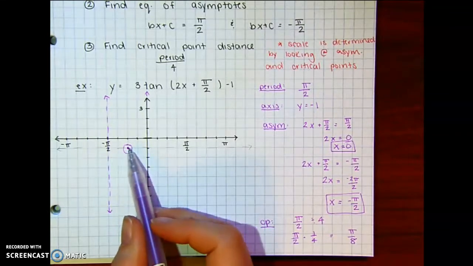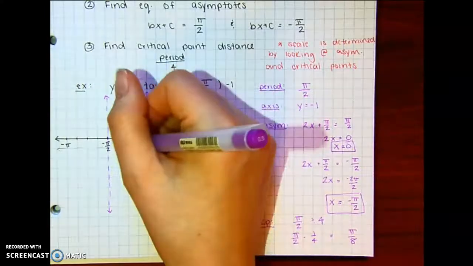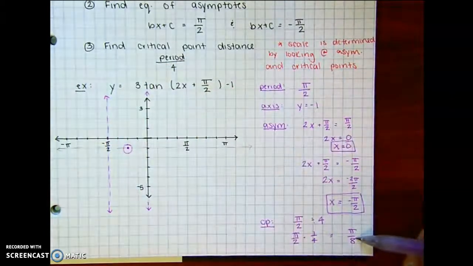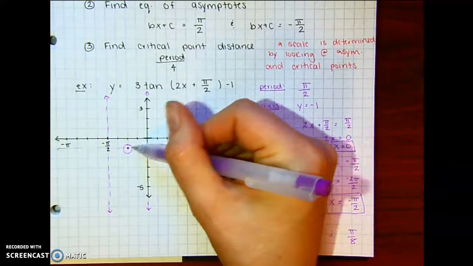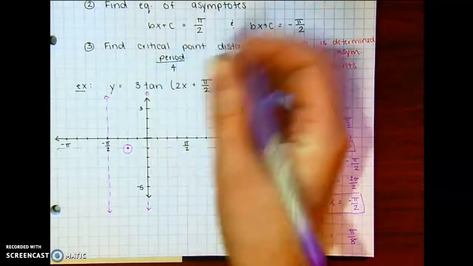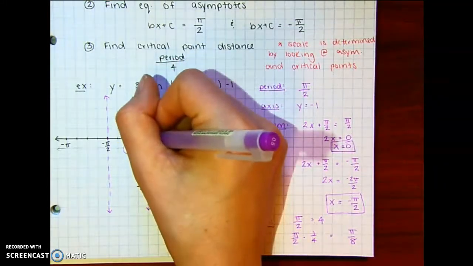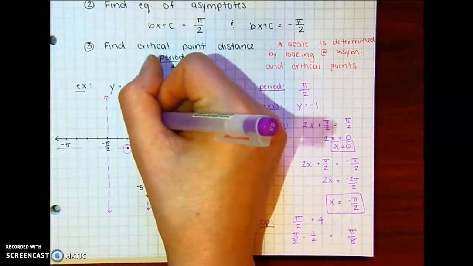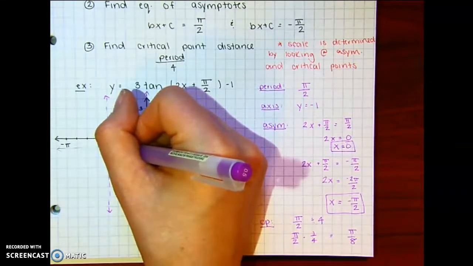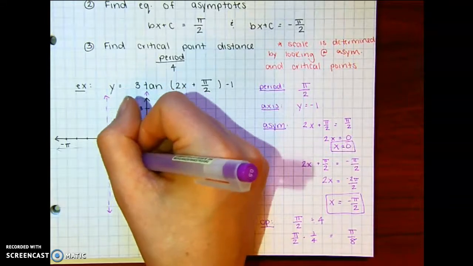So you're going to go to the right by your critical point distance, pi over 8, and then we're going to go up according to our dilation or amplitude, if you want to call it that. So 1, 2, 3. And then critical point distance to the left, down 3.